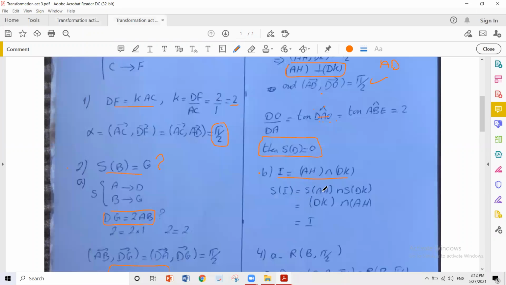So S of I equals S of AH intersection S of DK. S of AH is DK, S of DK is AH. So we get I. So I is the center of S.